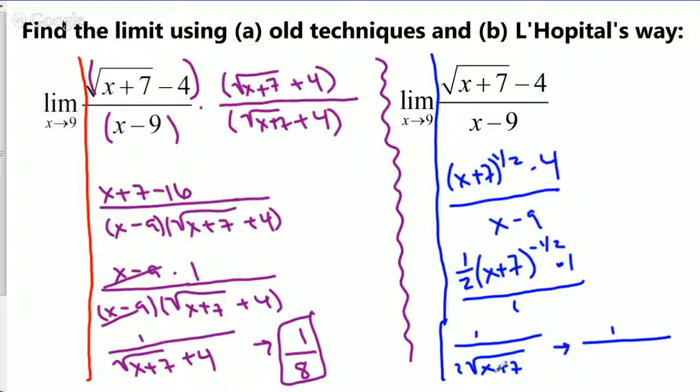Well, PEMDAS, do square root of 16 first, so that's 4, and 2 times 4 is 8. So we get the same thing both ways. So in this case, both maybe just about the same number of lines, but I think L'Hopital's went a little bit faster, yeah?